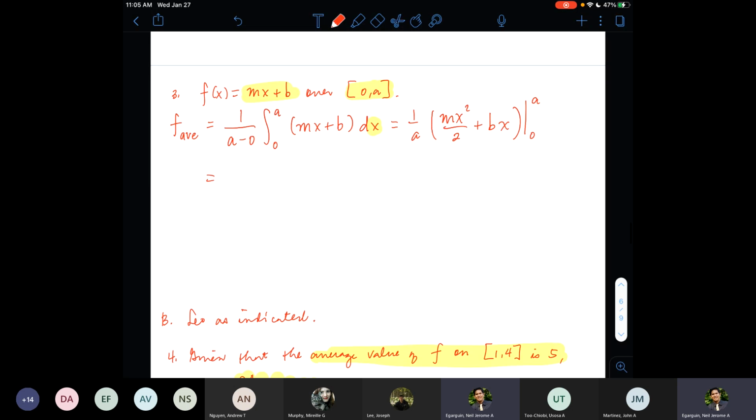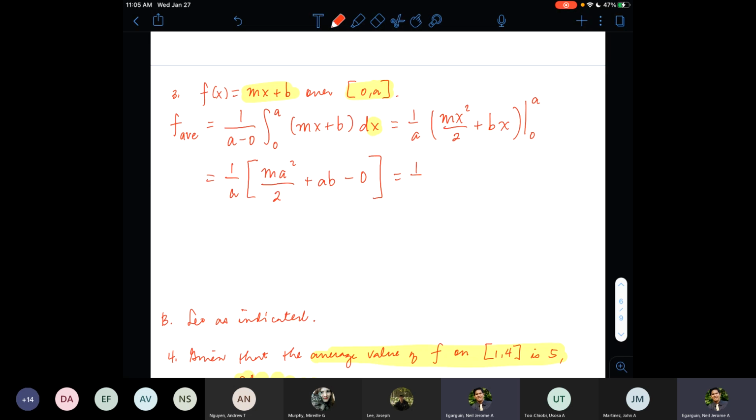All right. So plugging in, I have 1 over a times, I plug in the upper bound. So this would be ma squared all over 2. Remember, I'm plugging in x equals a, plus ab. Minus, I was supposed to plug in x equals 0, but that will just give me 0 for the 2 terms, right?